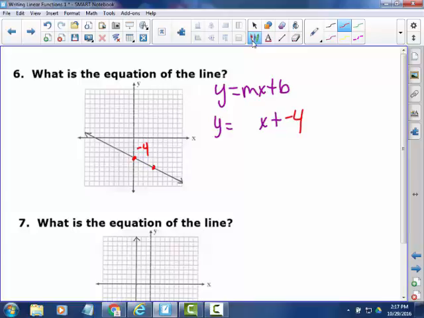I think here at 4, -6 is my next point. So I'm going to count my rise, my change in y: 1, 2, so 2. And then my run is 1, 2, 3, 4. So that's 2 over 4, and this is a negative slope because it's going down. If I simplify that, I get y equals -1/2 x, and then minus 4.